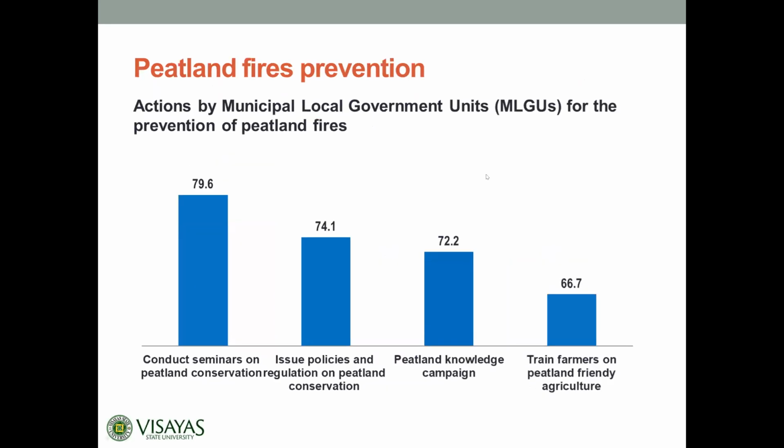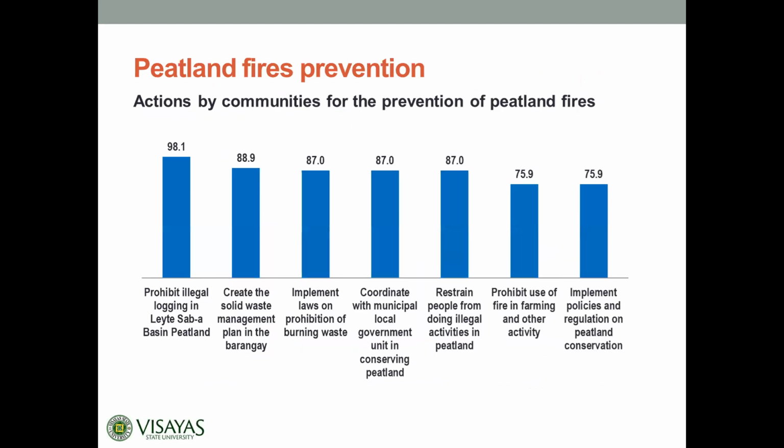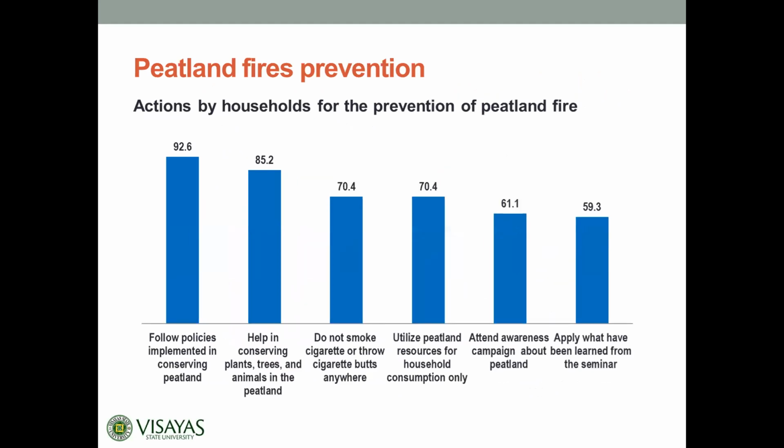Then we are happy on the lighter side of this research that there are activities being done by the municipal local government units for the prevention of peatland fires. And there are also activities being done by the communities for the prevention of peatland fires. Even at the household level, there are actions that they do.